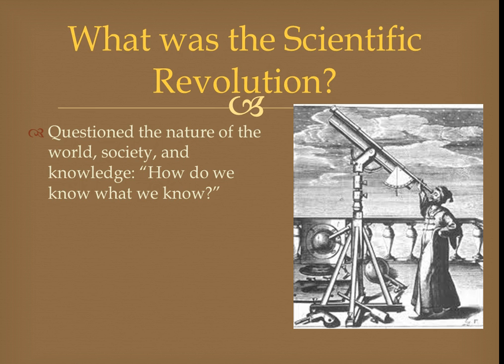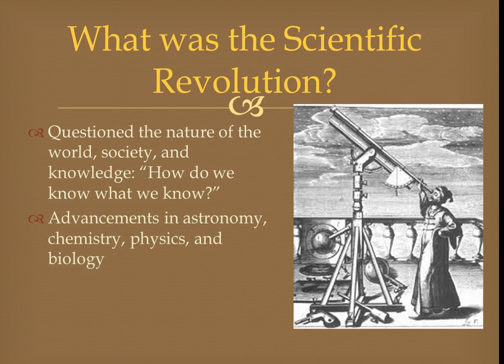So the question that they constantly asked was, how do we know what we know? And this resulted in advancements in astronomy, chemistry, physics, and biology. Many of the principles that we base our sciences on today were founded in this time.